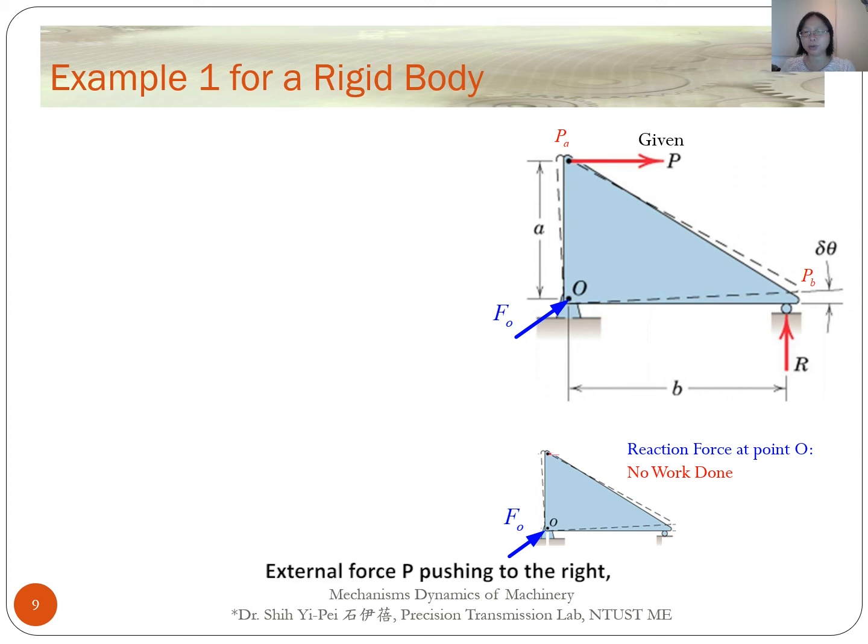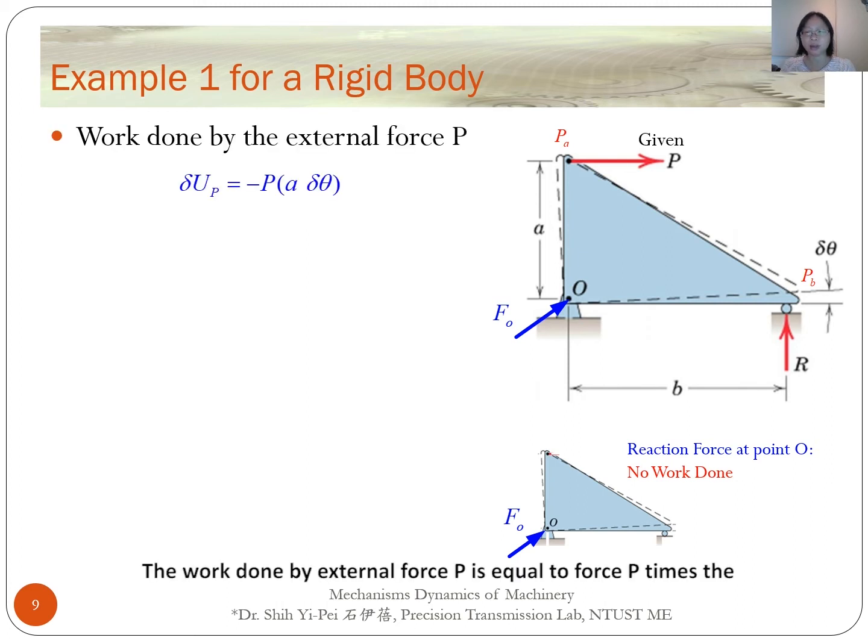External force P pushes to the right. The object will spin by an angle delta theta around point O, and the forces push back to provide the motion. The work done by external force P is equal to force P times the virtual displacement of point PA.